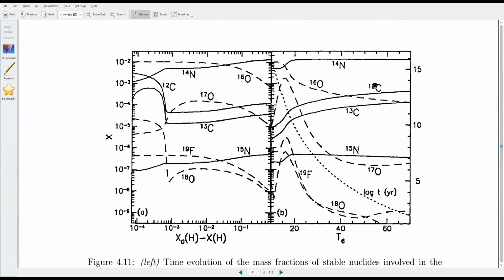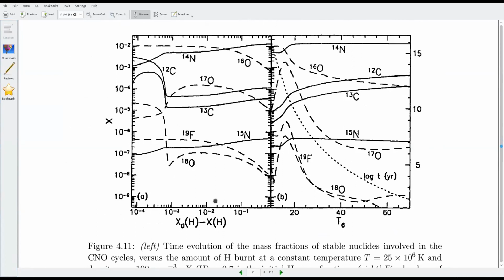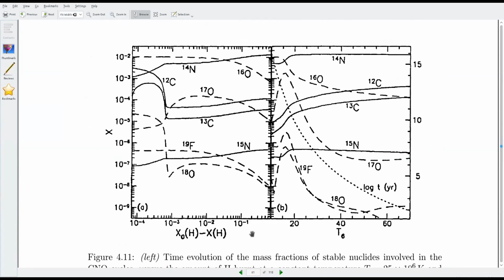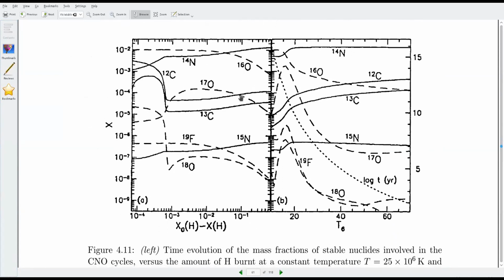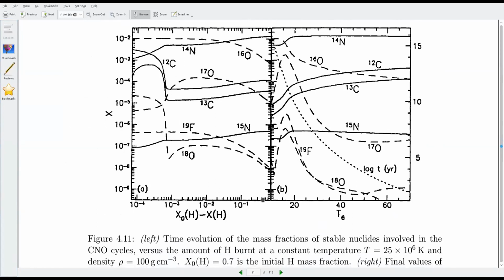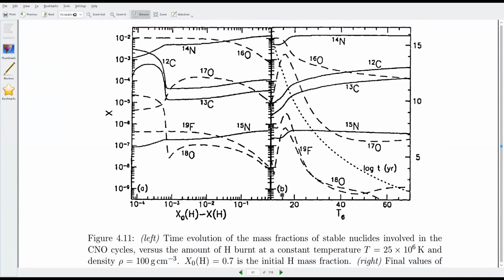Here you can see that it's quite interesting, the evolution involving the chemistry of several products, according to the change in the composition with hydrogen, with the evolution and the temperature here.